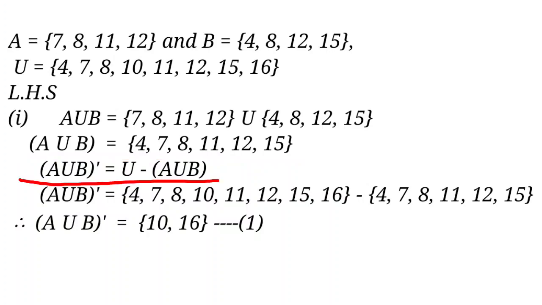Then (A union B)', the complementation of A union B, is equal to the universal set minus (A union B).